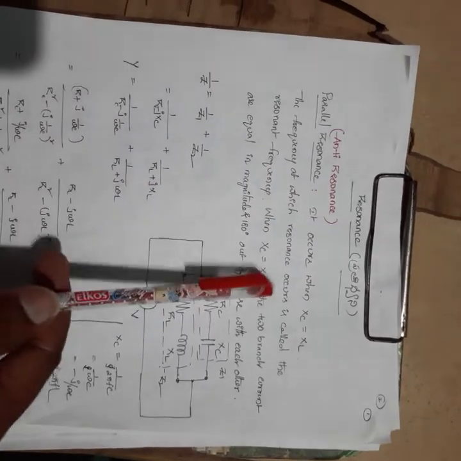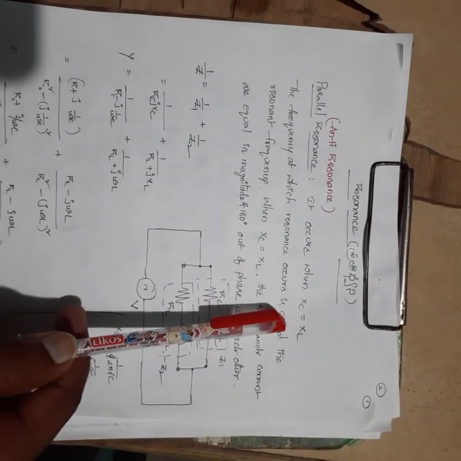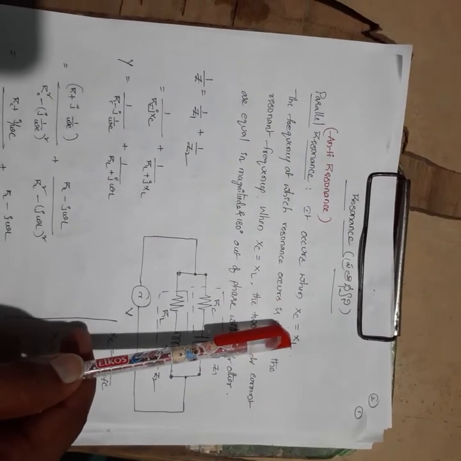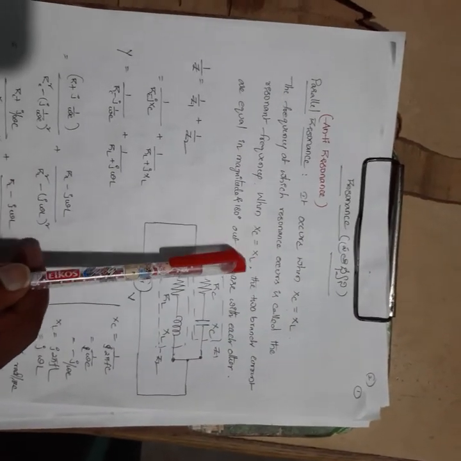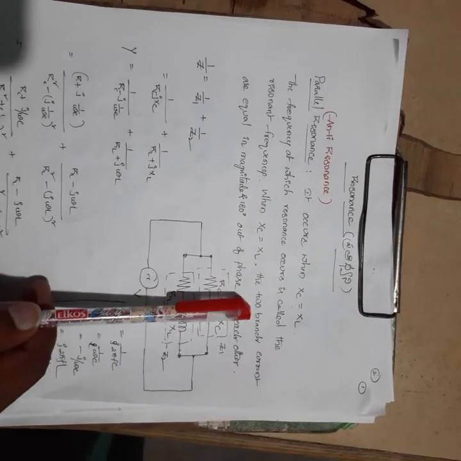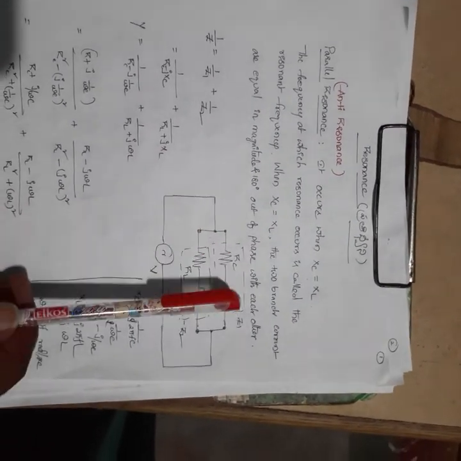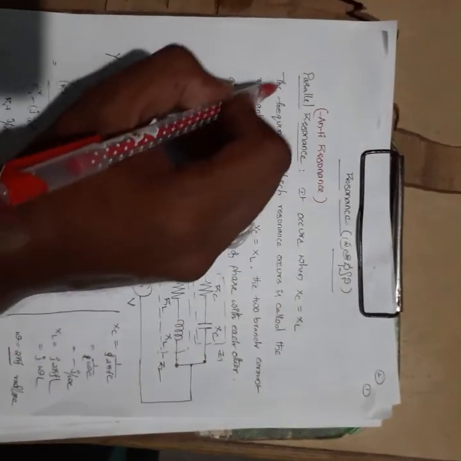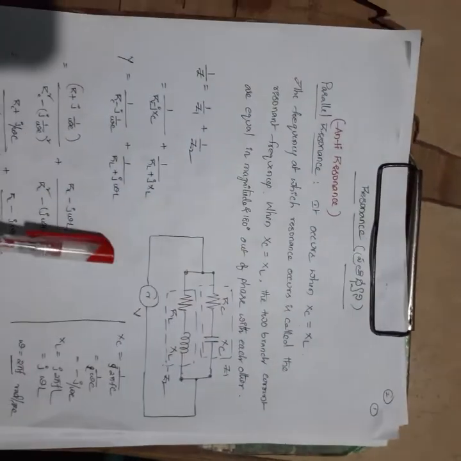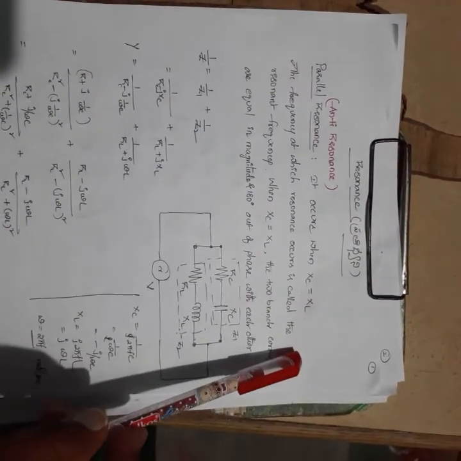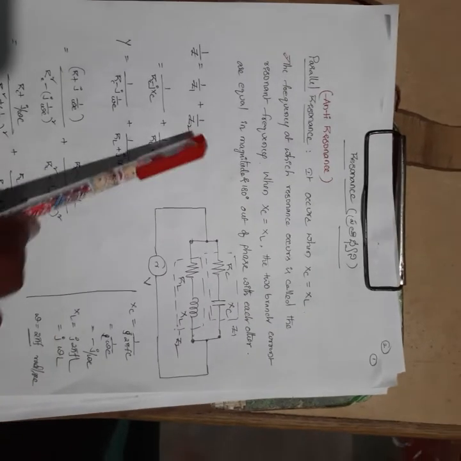It occurs when the capacitive reactance Xc equals XL. The frequency at which resonance occurs is called the resonance frequency of the circuit.